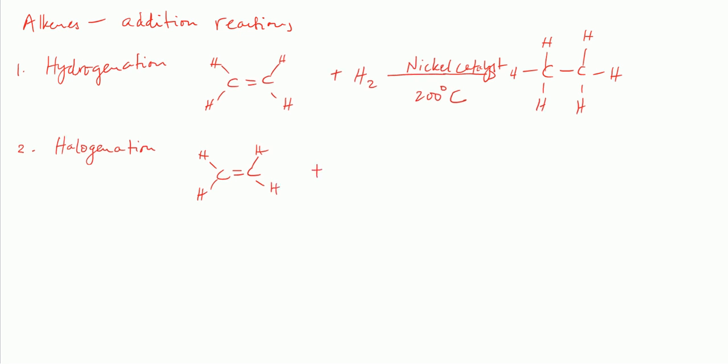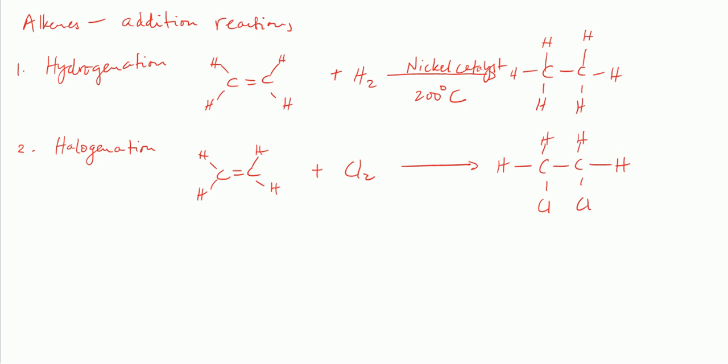We're going to react that with, let's say, chlorine. We're going to get an addition reaction. So what is happening is that a chlorine atom is going to add itself across the double bond. So if you notice what is happening here, the double bond is disappearing, and we end up with 2 atoms being added across the carbon atoms, right?